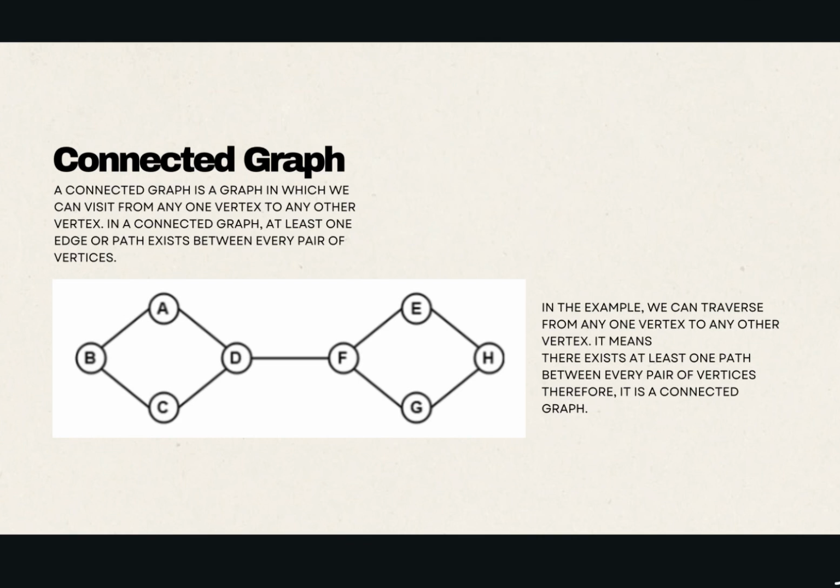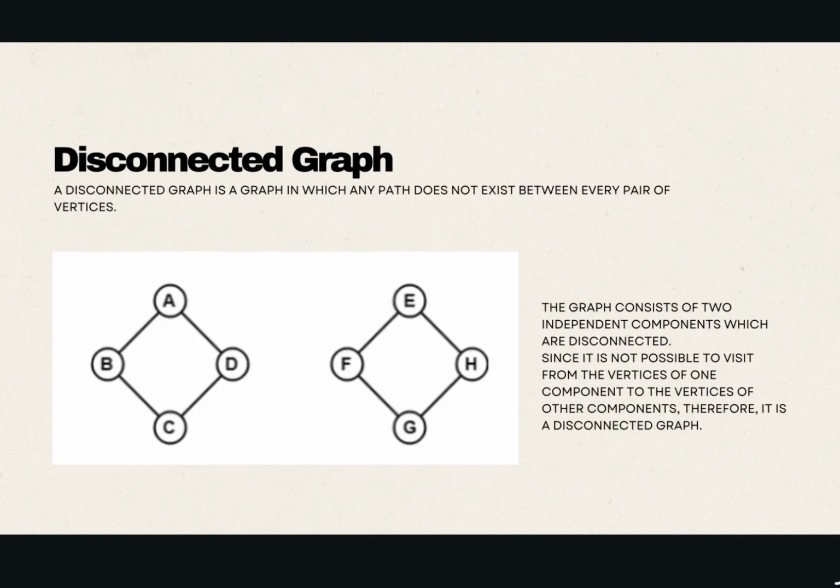Connected graph. A connected graph is a graph in which we can visit from any one vertex to any other vertex. In a connected graph, at least one edge or path exists between every pair of vertices. In the example, we can traverse from any one vertex to any other vertex. It means there exists at least one path between every pair of vertices, therefore, it is a connected graph.